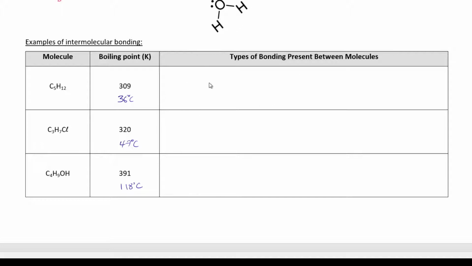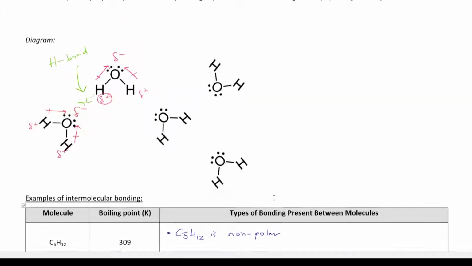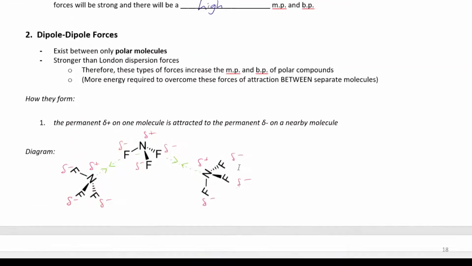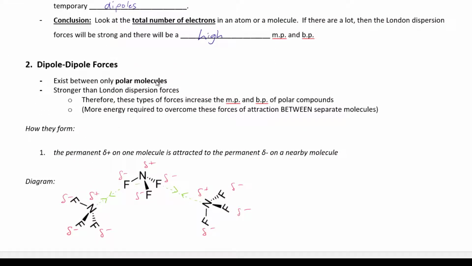So what are the types of bonding between molecules? Well, since C5H12 is non-polar, the molecule itself is non-polar. Because the molecule itself is non-polar, we can't have dipole-dipole forces, because dipole-dipole forces only exist between polar molecules.